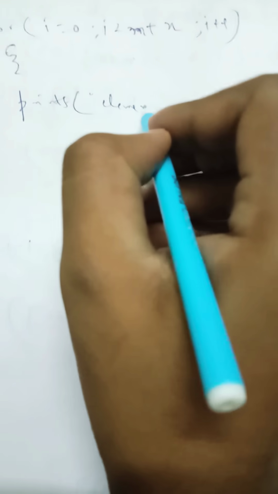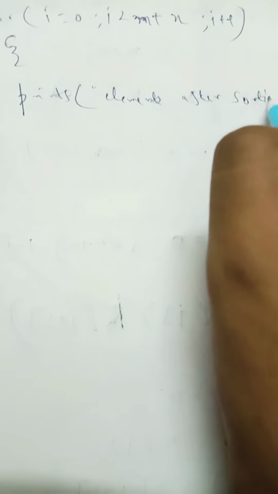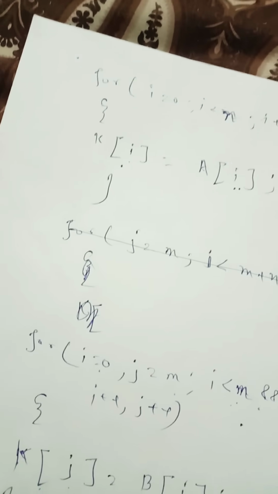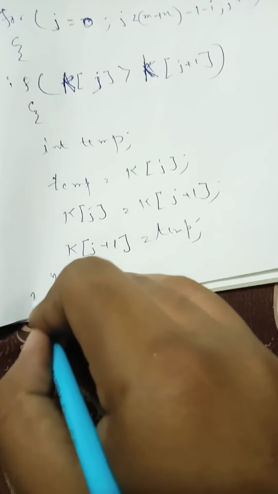Now we are going to print: elements after sorting is k of i. Okay, we have not closed the loops over here, so let's close them. Now it has been closed.